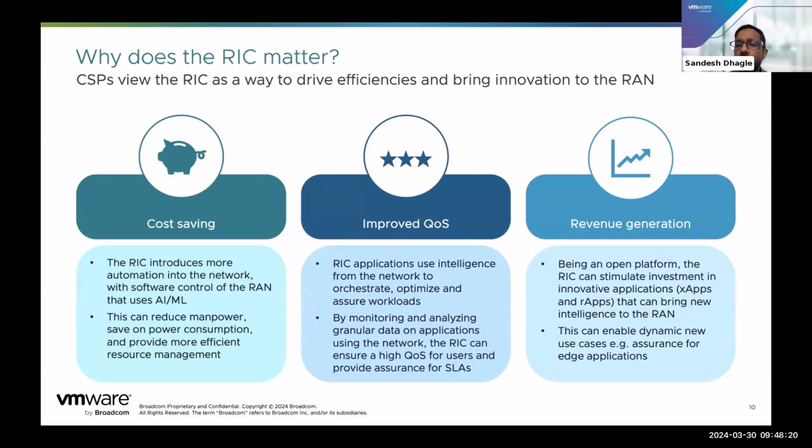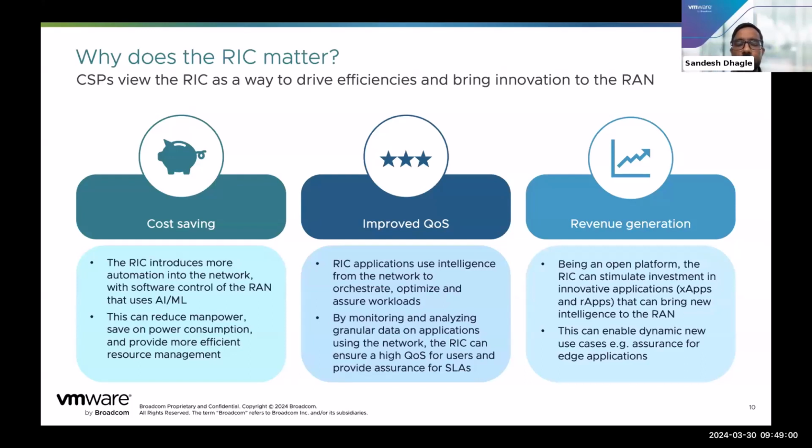And why was a RIC needed in the first place, right? If we were good with not having a RAN controller with LTE, which was a great technology, why was it needed? It was needed because there is going to be a significant complication of deployment going forward, when we started virtualizing and when you think of massive MIMO type of deployments in 5G. The sheer number of sites that would get deployed is going to be huge in the future, just because the data demand is so high, right?